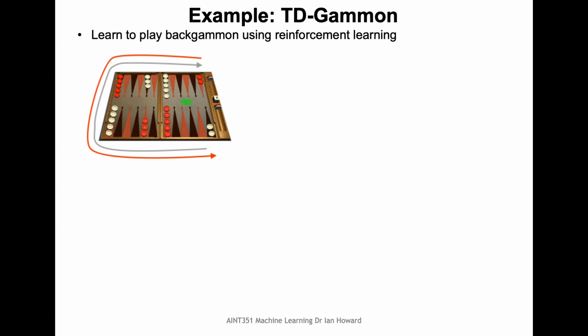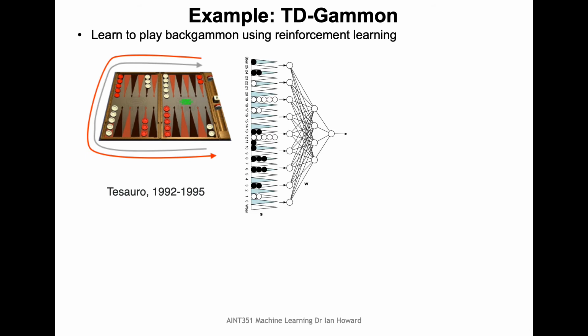People have played games like TD backgammon, that's temporal difference backgammon. That's just one of the algorithms we're going to look into, and you can learn how to do that playing reinforcement learning. That was done quite a long time ago now, quite a few years ago. The idea is, in this case, we want to estimate the state value.